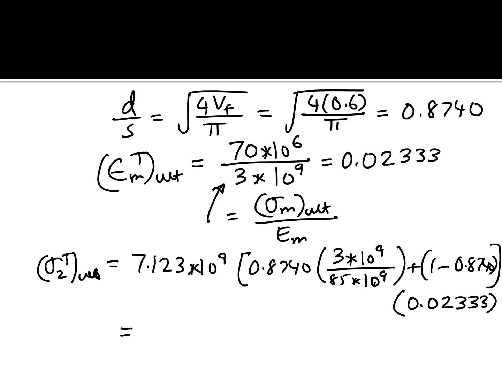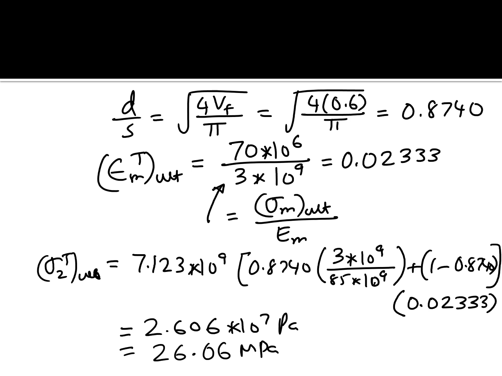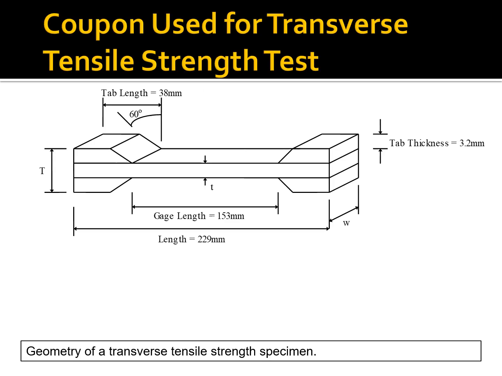And once we do that, we get our value for the sigma 2t ultimate, which is 26.06 megapascals.